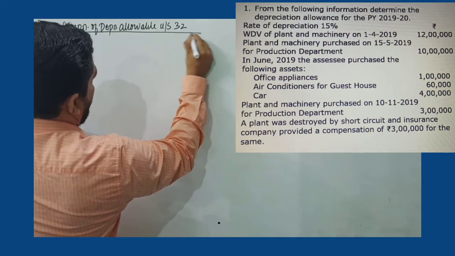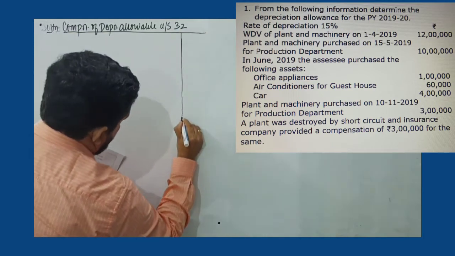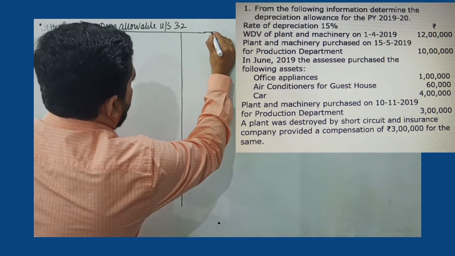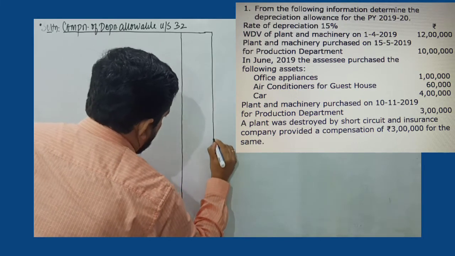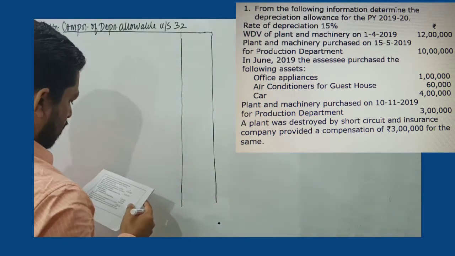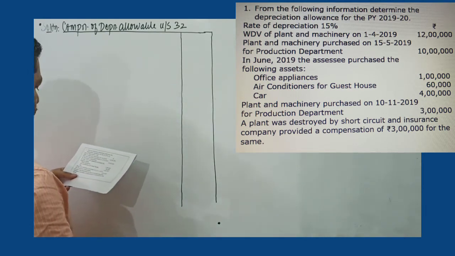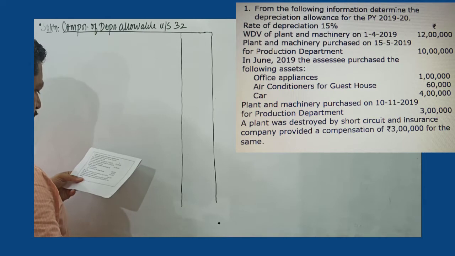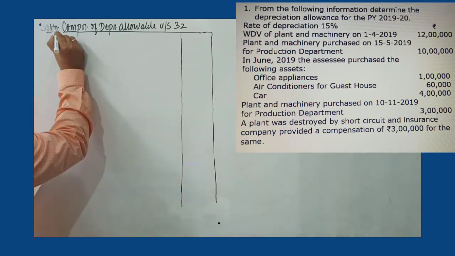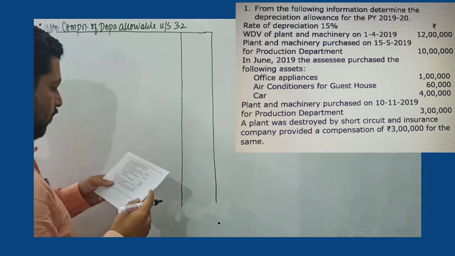There is only one block of asset, so we can prepare two amount columns, an inner column and an outer column, or I think one amount column should be good enough.